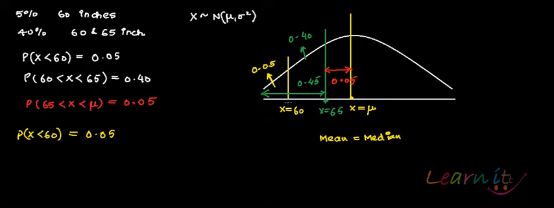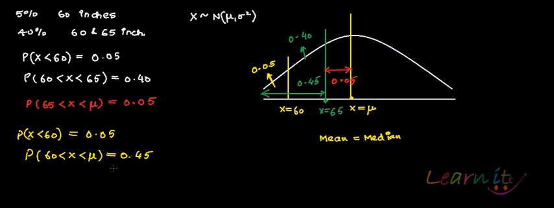That between 60 to mu, how much is the region? 45%. So you can write between 60 to mu, the region covered is 45%, which is 0.45.